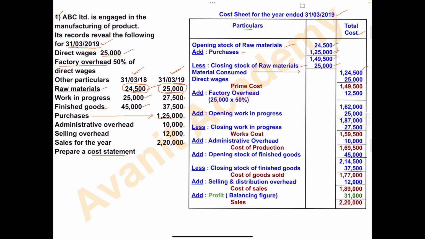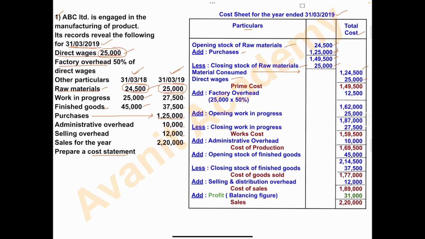Clear this part? Next, we have to take direct expenses, direct wages, direct labor, after material consumed. In this problem, we have got direct wages. Direct wages amount is 25,000. So after material consumed, write direct wages and the amount in the total cost column, 25,000.